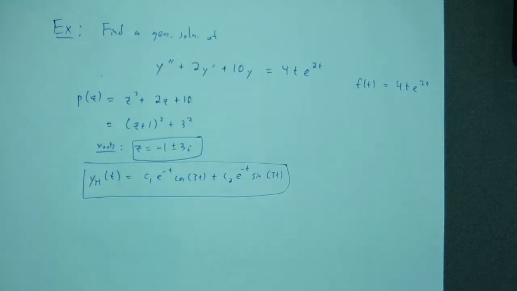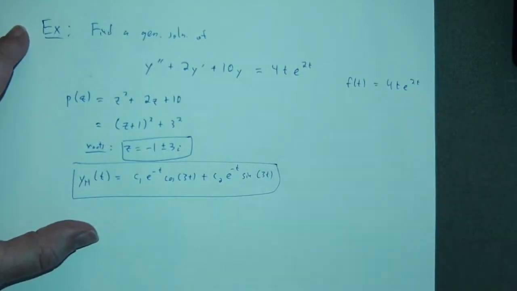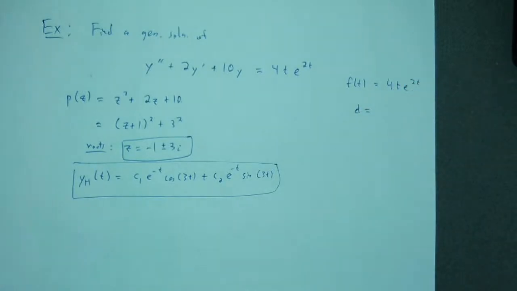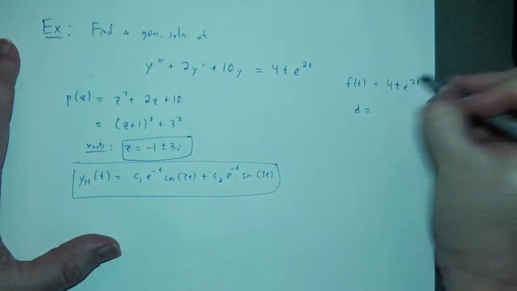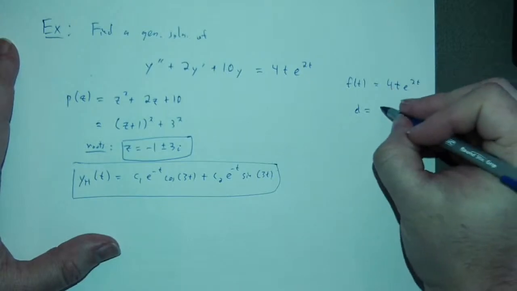Okay, so anyway, this is my homogeneous part for this equation. Then my right-hand side forcing function is 4t e to the 2t. Now what do I do? Well, I write out the 3 quantities I'm always interested in. First one is degree. Aha! For the first time in these examples, I get to write that the degree is something other than 0. The largest power of t showing up here is 1.